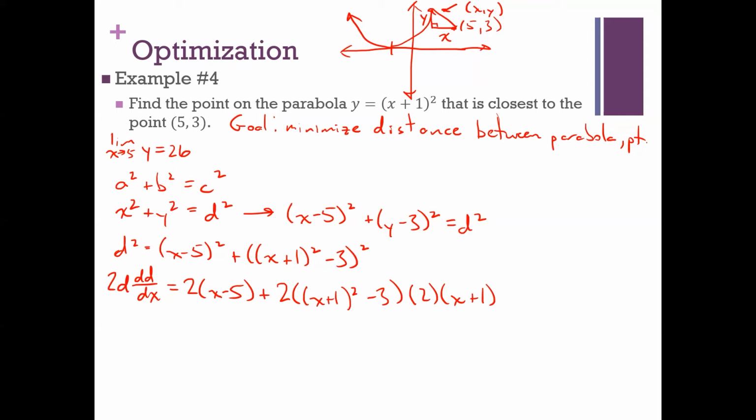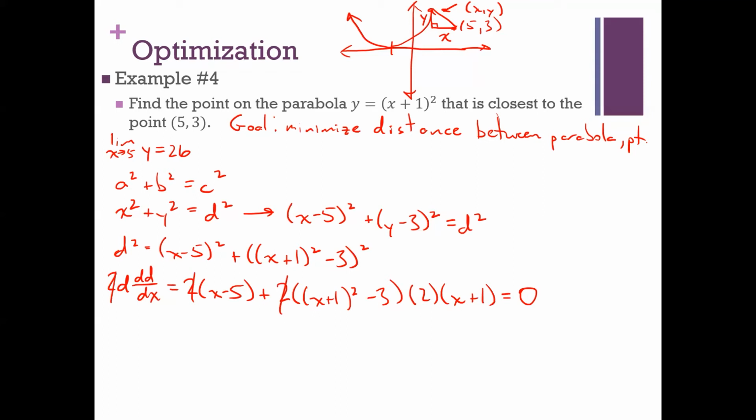All right, and I want this thing to equal 0, right? Anybody mind if I just divide this whole thing by 2? Is there any possible way that the distance could be 0?